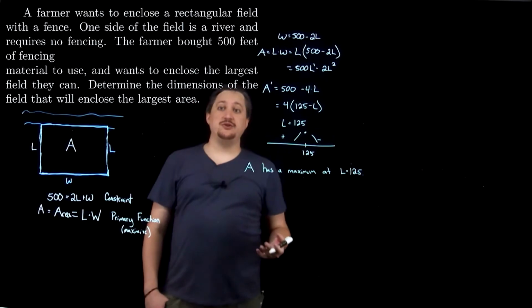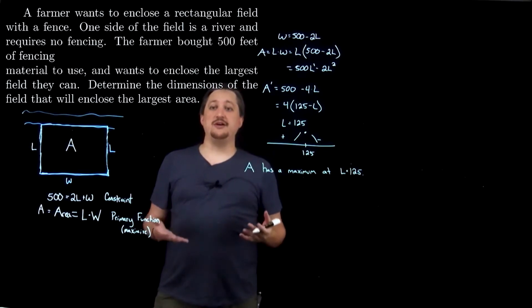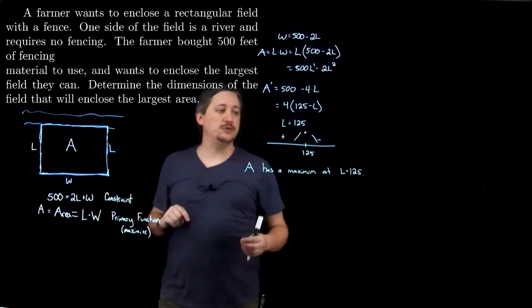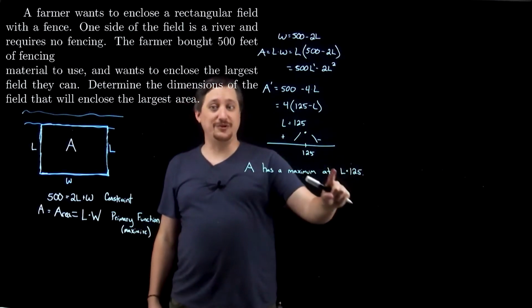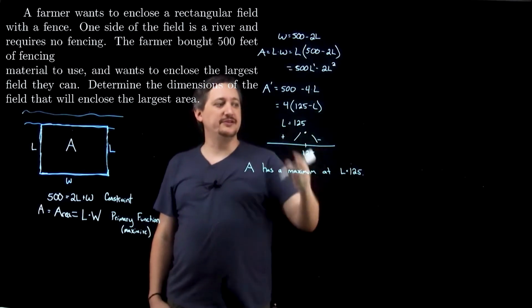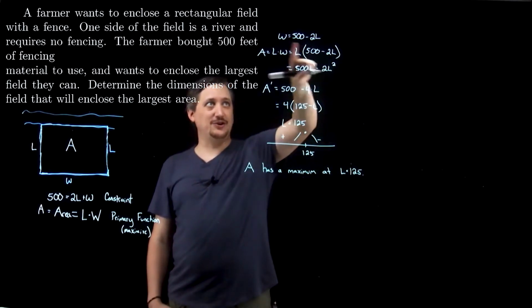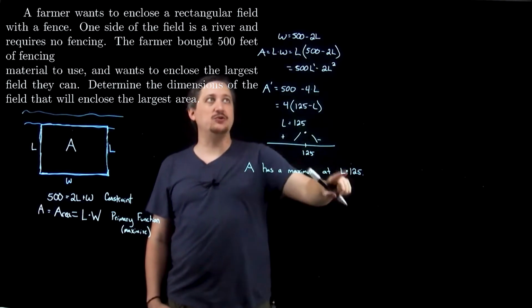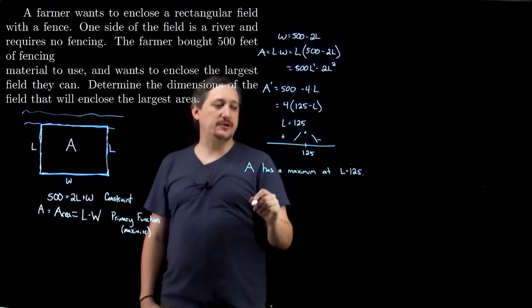Now, it's important to note that I'm not done, right? My goal is to determine the dimensions of the field that encloses the largest area. Well, I have one of those, but I need both, right? So I need to know what W is, but at some point I solved for W to sub out what it was, so I can use that equation with my new L to figure out what W is, right?